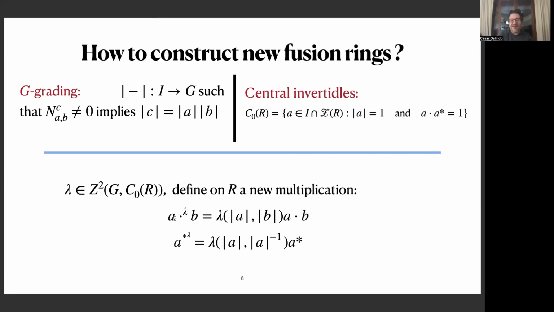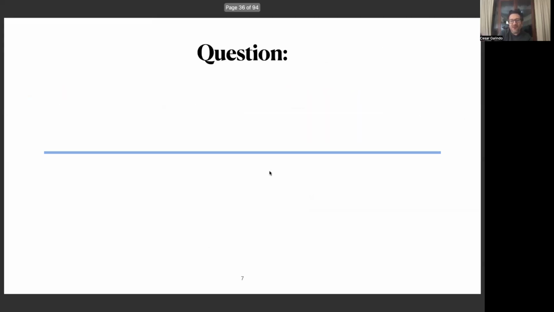And then it's a simple exercise to see that in fact you get a new fusion ring with the involution given by this formula. So again, only using this very simple and easy to compute trick, we can produce new fusion rings.